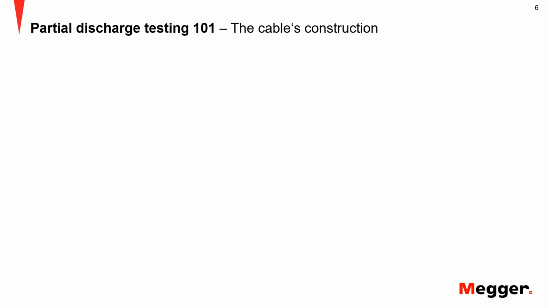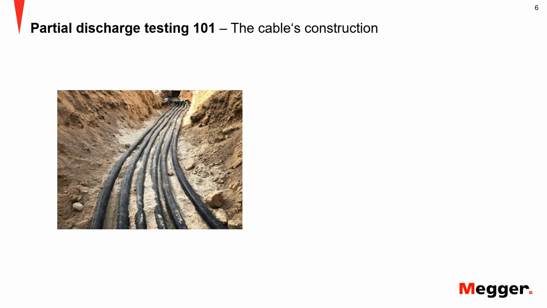So first of all, when we are talking power cables, medium voltage, high voltage, shielded cables, you probably know that cables look something like this. So underground cables in the trench just before commissioning. And I found another interesting picture where you can already see all the players in one picture.